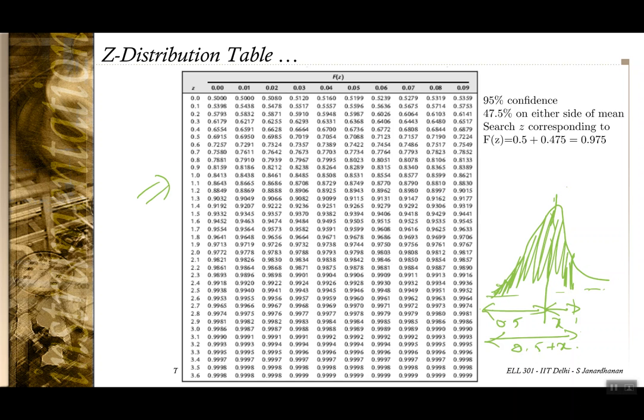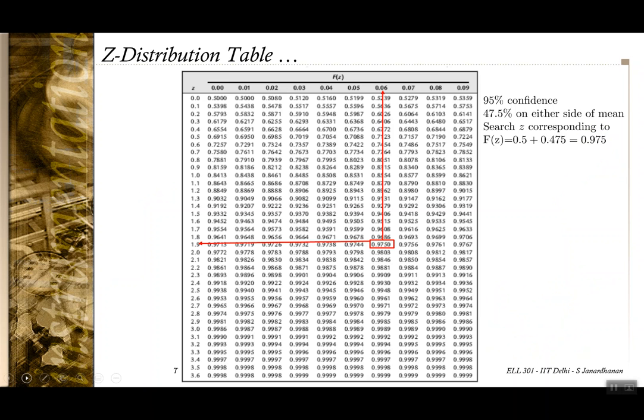We know that x is 0.475. So we want to look at what value of z this comes out to be 0.975. If you look at it, it comes at 1.96. Z is 1.96, or the deviation d is equal to 1.96 times sigma.